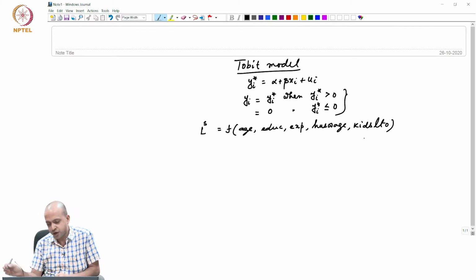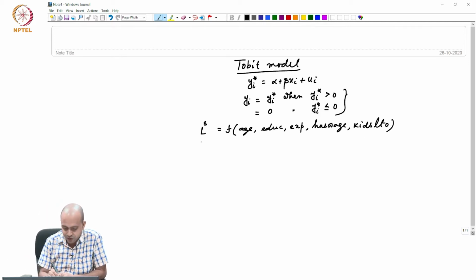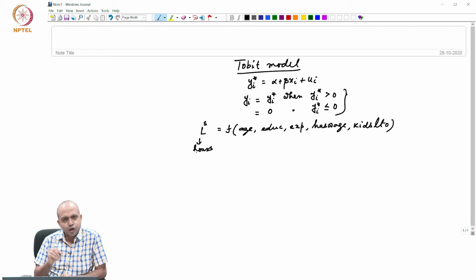This labor supply is measured by hours. The only problem is we observe the labor supply value only for those who have participated in the labor market. For those who have not participated, we put 0. That is why we are using the limited dependent, or censored regression, or Tobit model here.